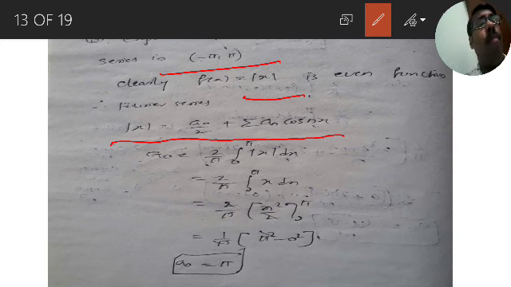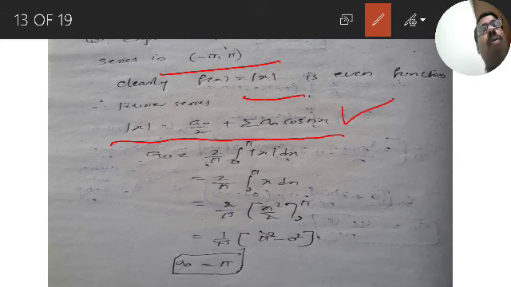Therefore, no bn term, only a naught and an terms. Now let us find the a naught value and an value, then substitute here to get the Fourier series.